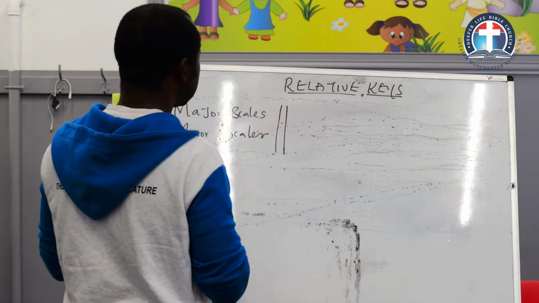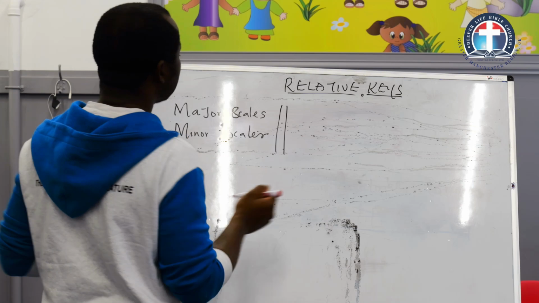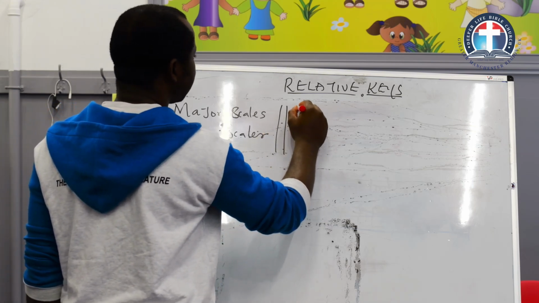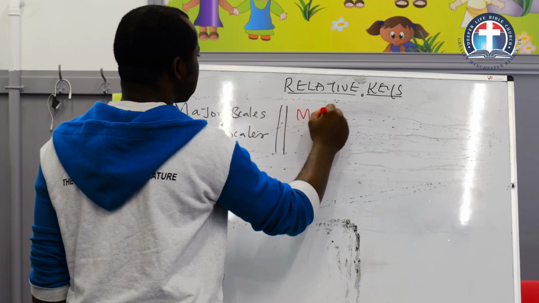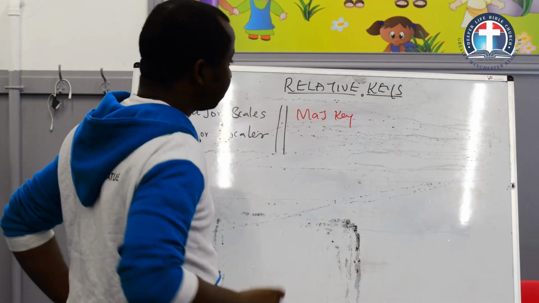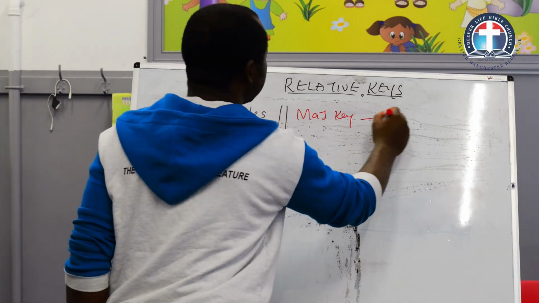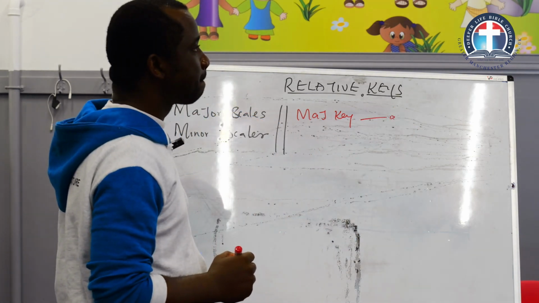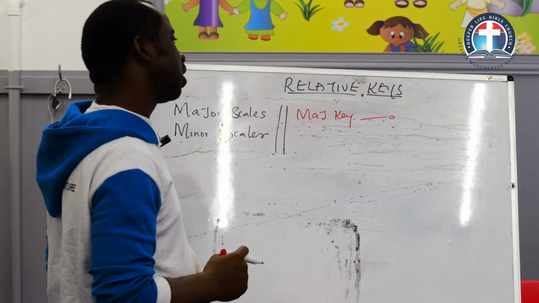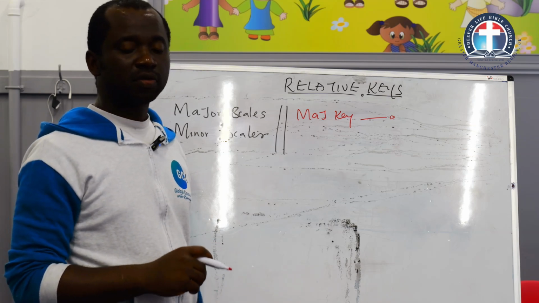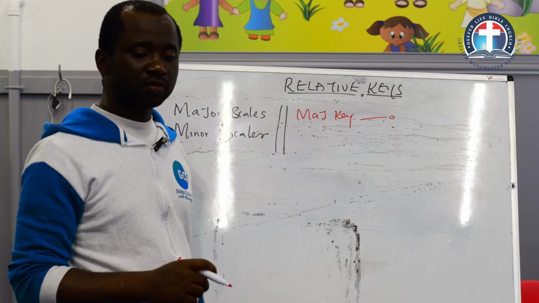So let's say you have a major key. How do you get the relative minor of a major key?